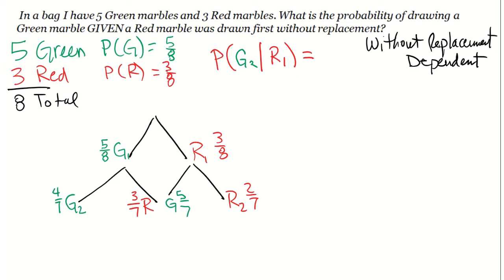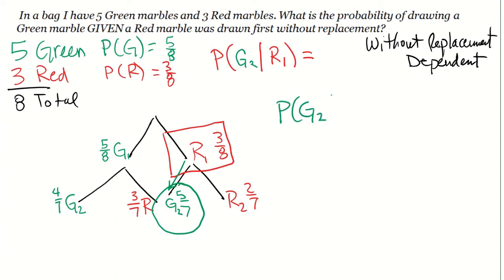Looking at our tree diagram, it's the exact same as the last problem, but this time we draw a red first, and then we want to know the likelihood that if I draw a red first, I'm going to draw a green. And that's my probability. So the probability of drawing a green if I draw a red first is going to be 5 out of 7.